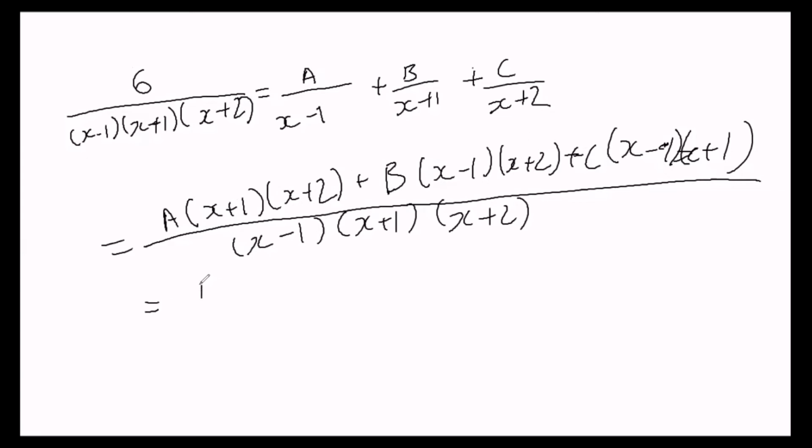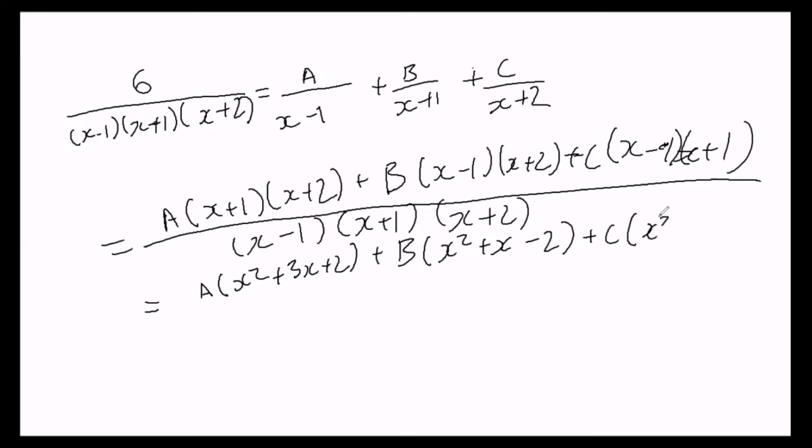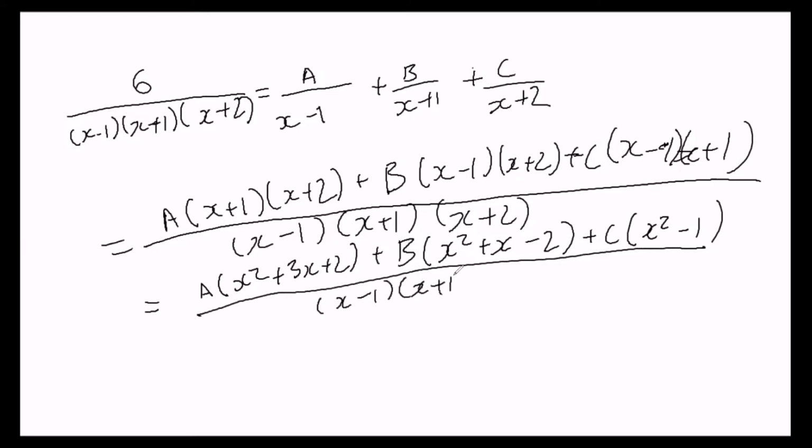So we'll get a(x squared plus 3x plus 2) plus b(x squared plus x minus 2) plus c(x squared minus 1), all over (x minus 1)(x plus 1)(x plus 2).